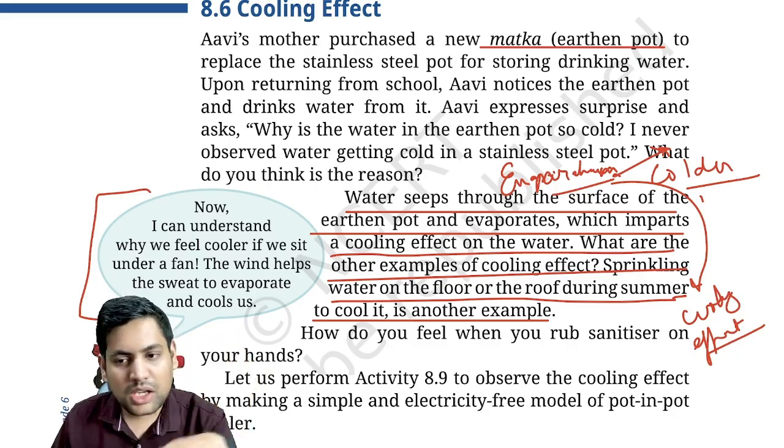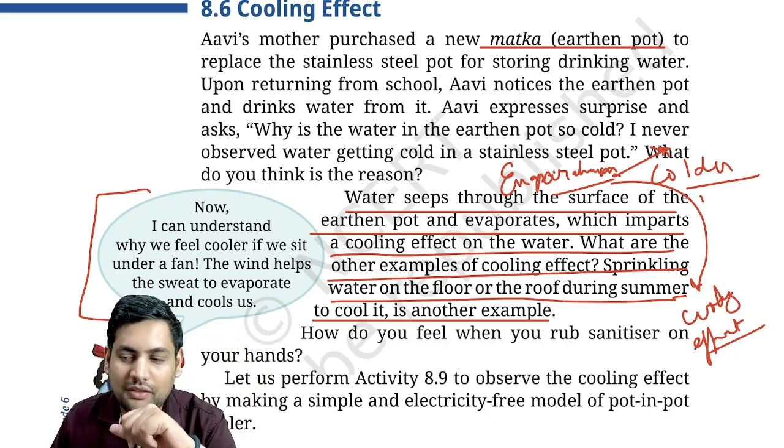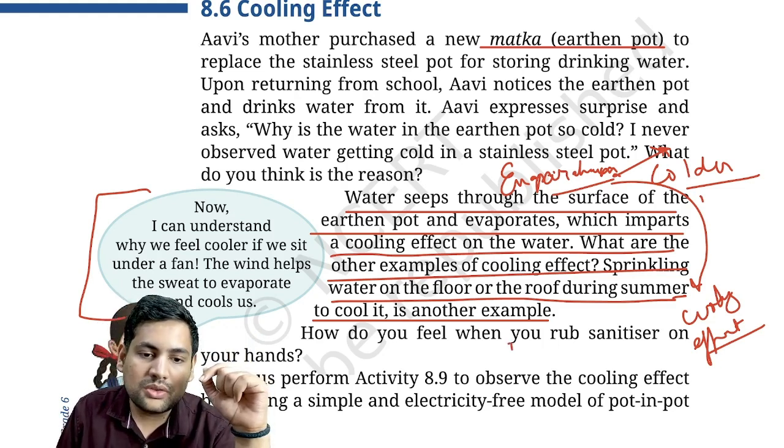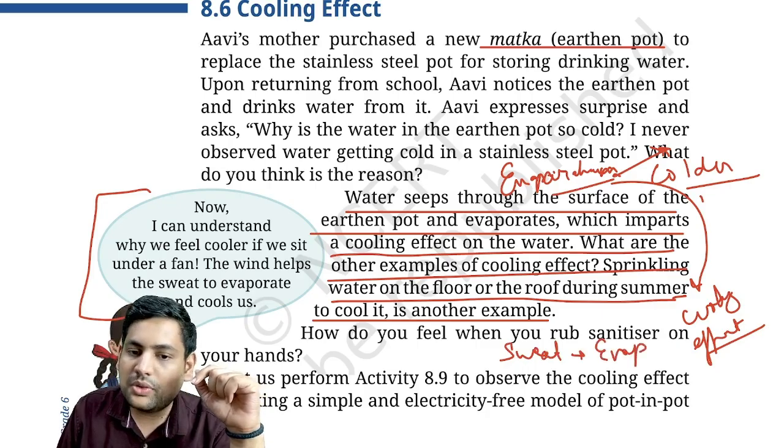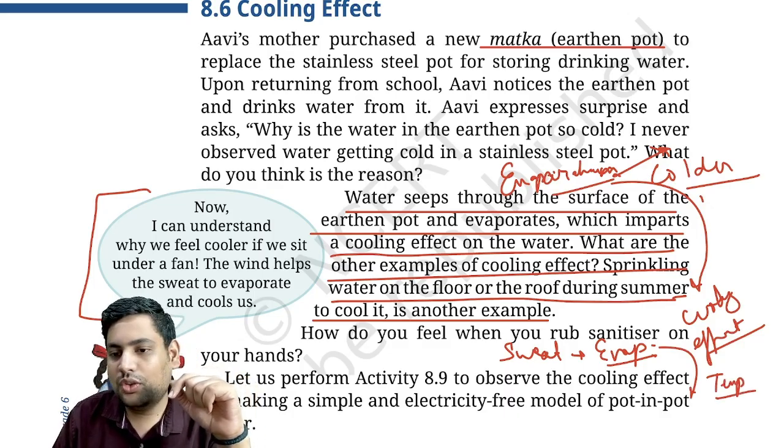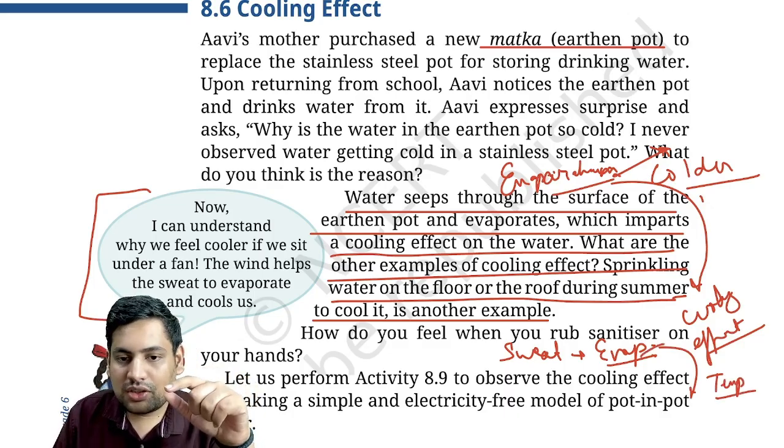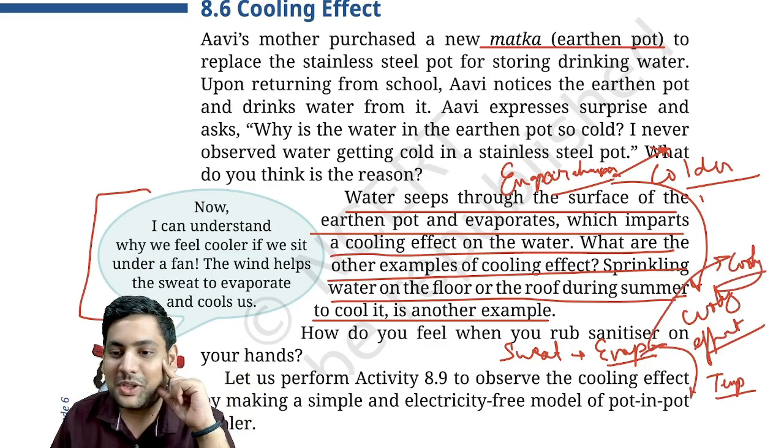Of course, you're sweating, but you can continue to play without feeling that much heat. Why? Because your body is able to sweat. From this sweat, you have evaporation, and your body is able to maintain the temperature that is required for you. And because of evaporation, you're feeling the cooling effect of evaporation.